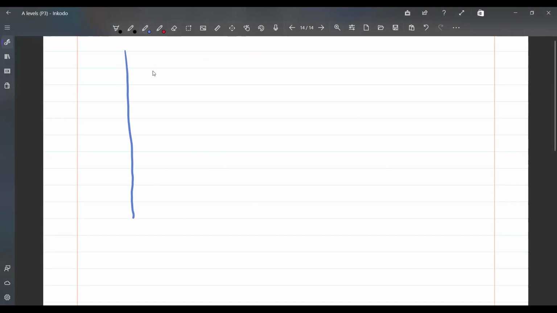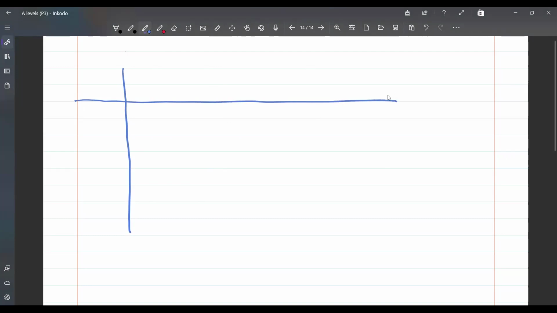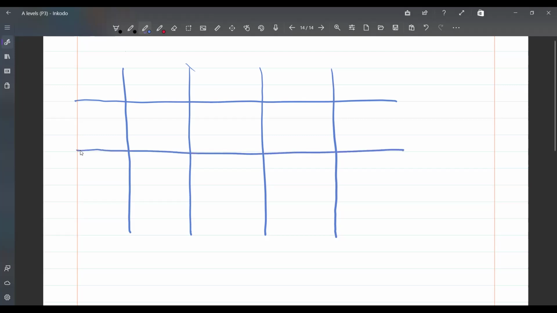So let's make a rough table of certain values of sine, cos, and tan, which you should remember: sine theta, cos theta, and tan theta.